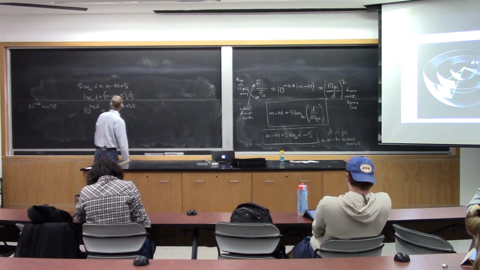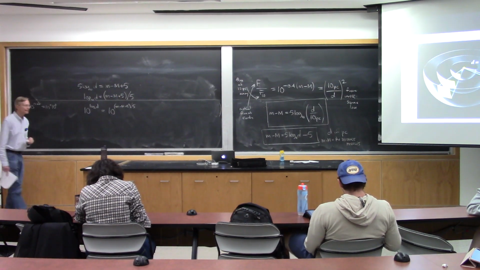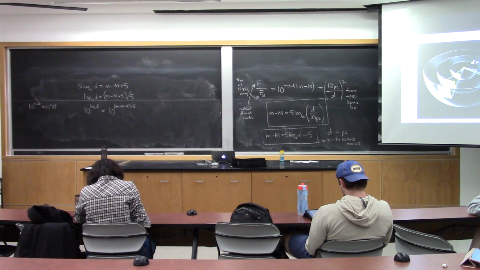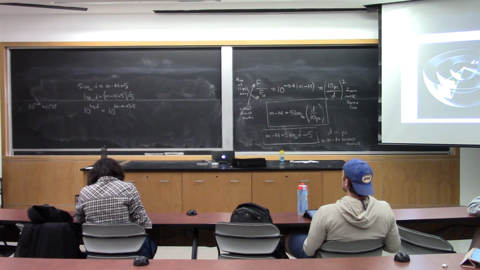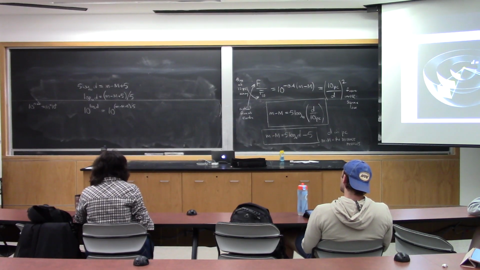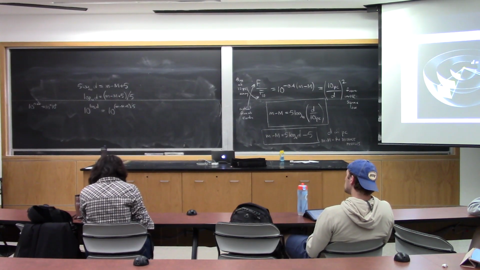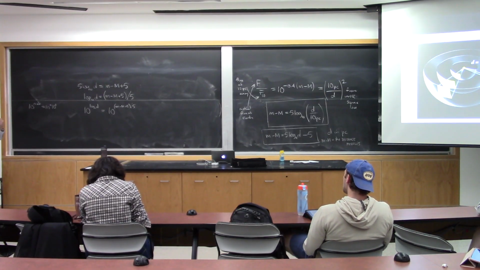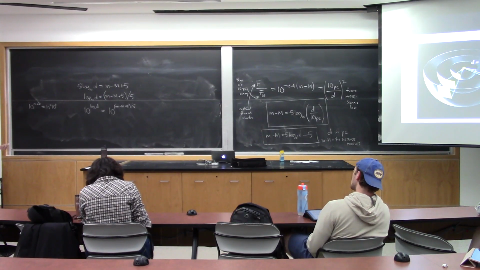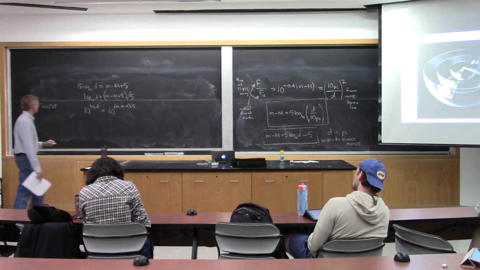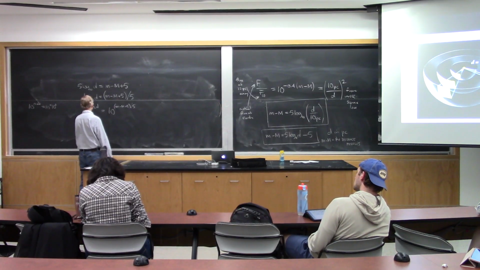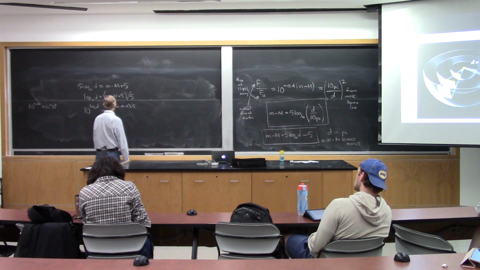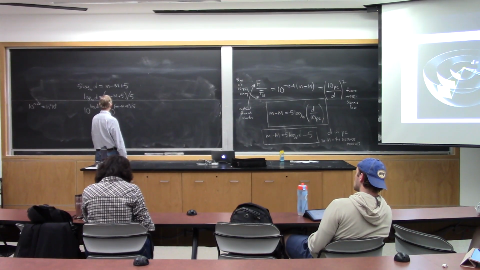Quick, what's 10 to the log d? What's 10 to the logarithm base 10 of d? It would be d, just d itself, right? 10 to the logarithm of a number is the number, because those are inverse operations. So in other words, if I know little m and big M, here's how I find the distance.